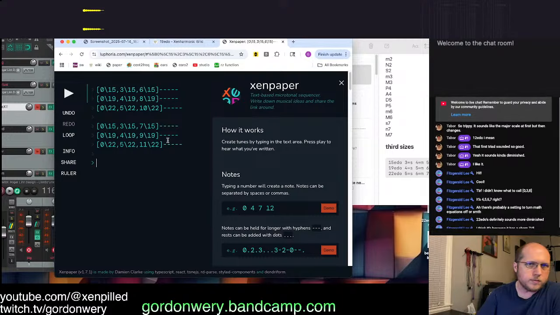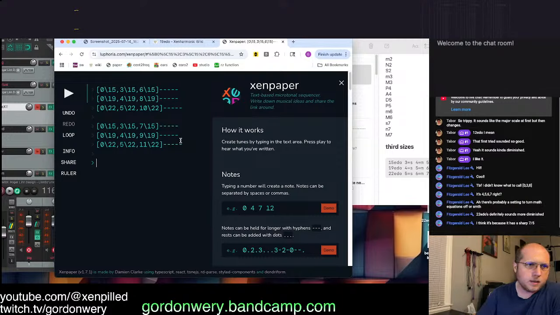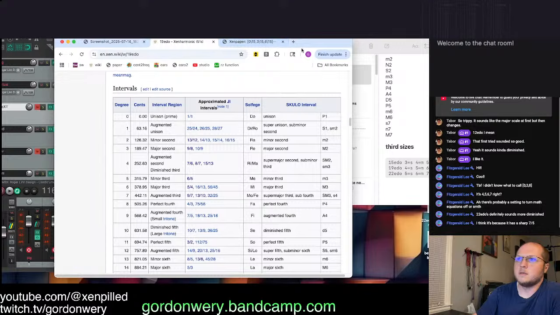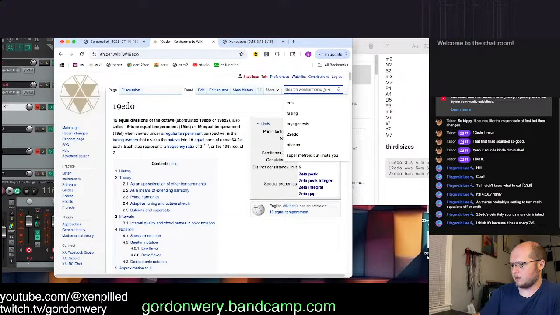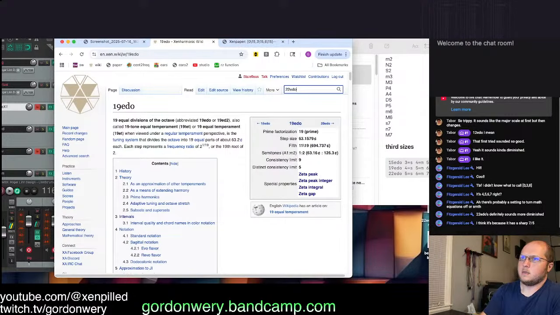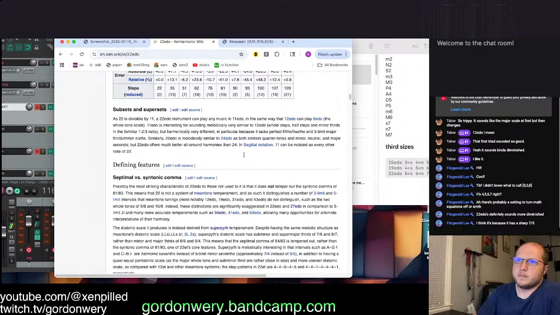Ito's definitely sounds more diminished, yeah. Because it has a sharp 7/5. That's the 11 interval, a 7/5, I guess. The tritone or whatever.